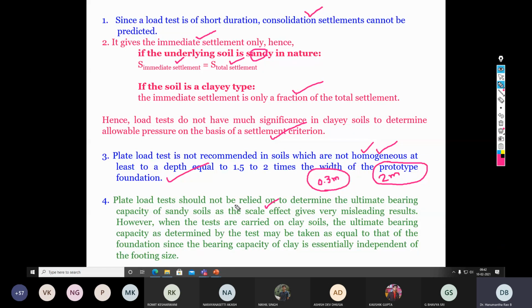In case of sandy soil, the bearing capacity is dependent on the footing size, while in case of clay, the bearing capacity is independent of the footing size. Therefore, the plate load test bearing capacity values are valid in case of clay, while the settlement values are valid in case of sandy soils. It is a bit contrasting. But this is the most important observation that you must note down.